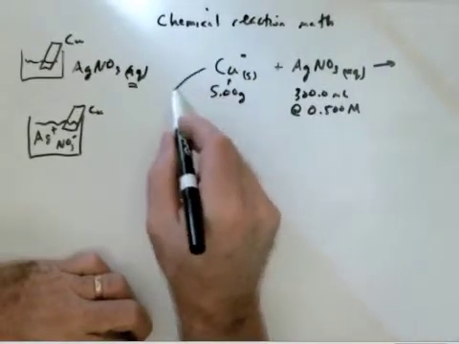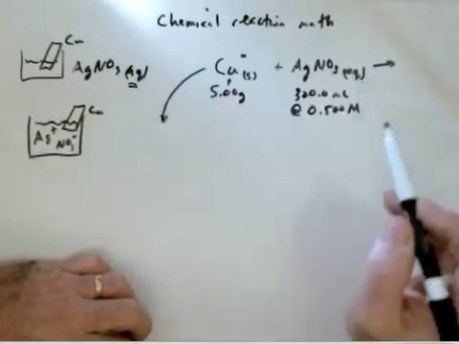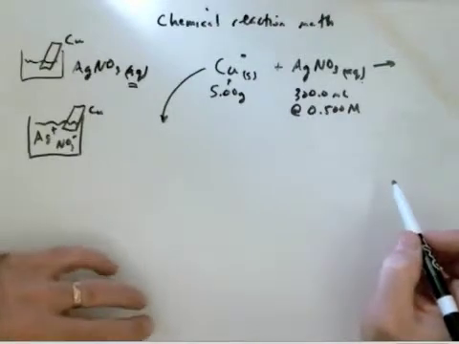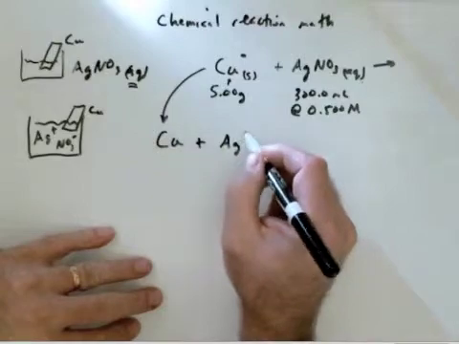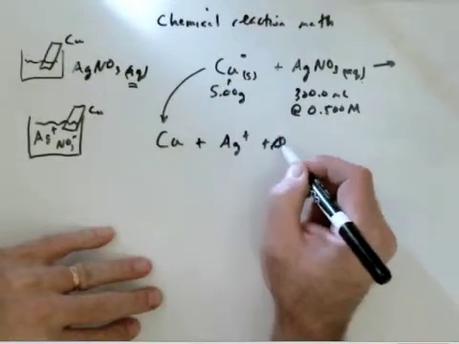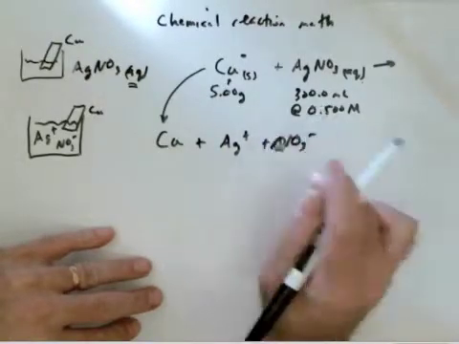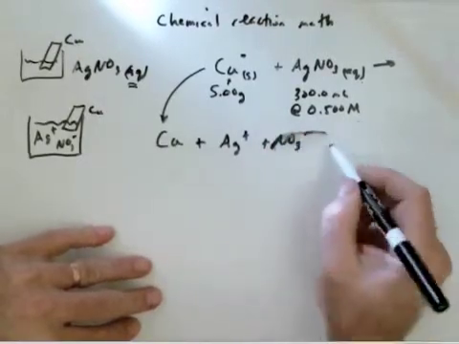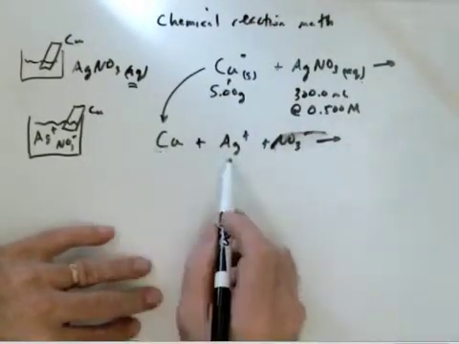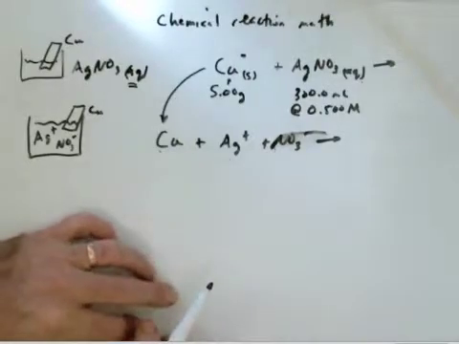What I'd like you to do, every single time there's an aqueous, and you'll see as we go through this video, every time there's an aqueous, rewrite the equation so that you have the separate ions. NO3 minus, okay? Okay, so what we have is copper metal, silver ions, and nitrate ions all in the same container.